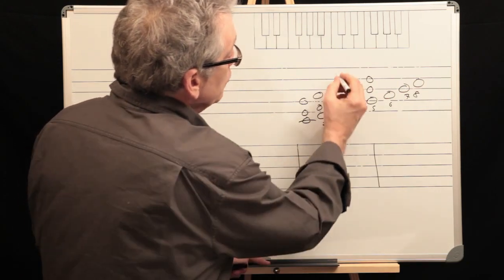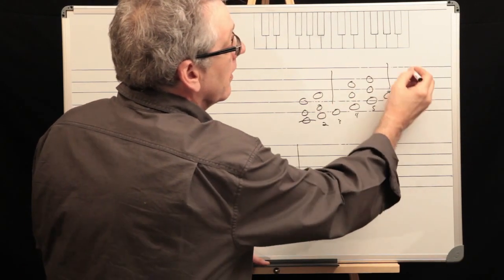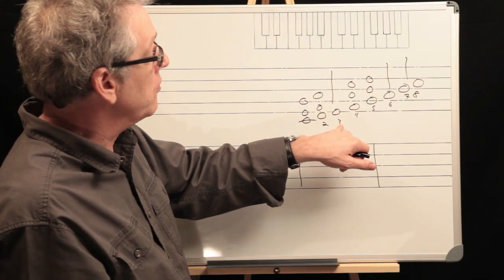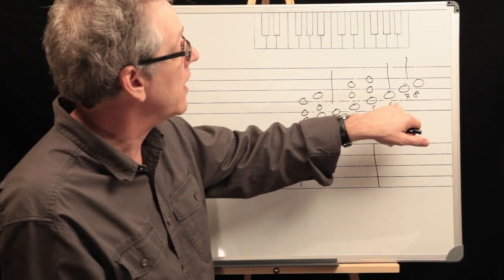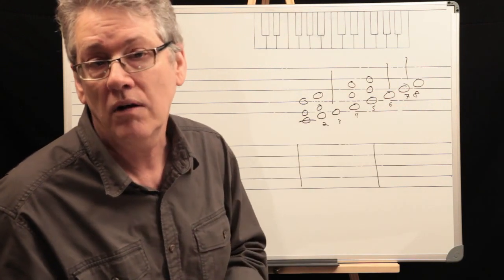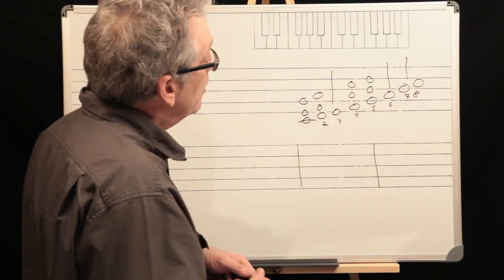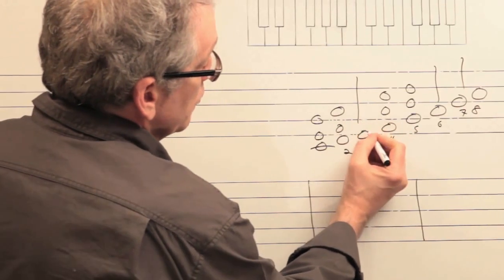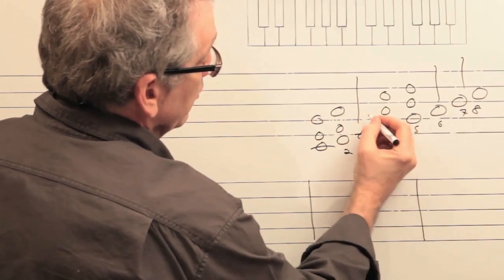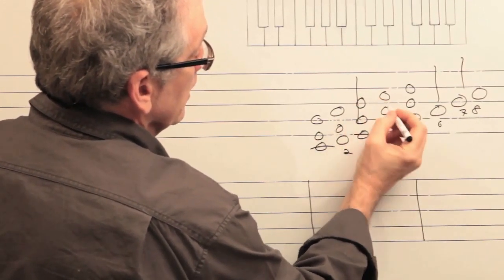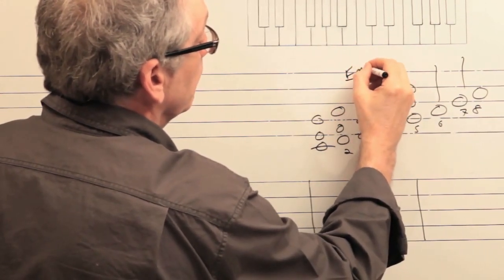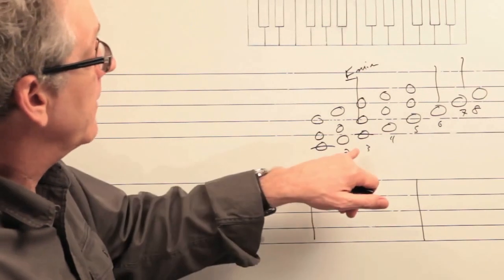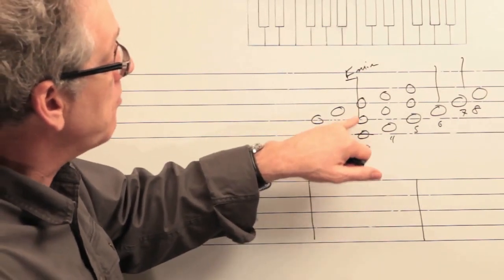Now you ask, what do we do with the 3rd? What about the chord built off the 3rd degree of the scale, the 6th degree of the scale, and the 7th degree of the scale? The chord built off the 3rd, in this case, would be an E minor chord. Starts on E, and it's a minor chord.